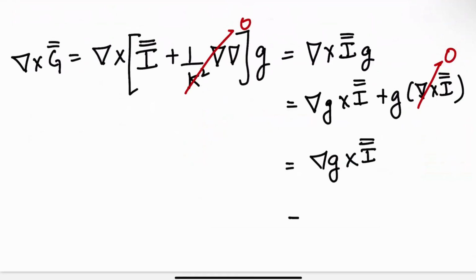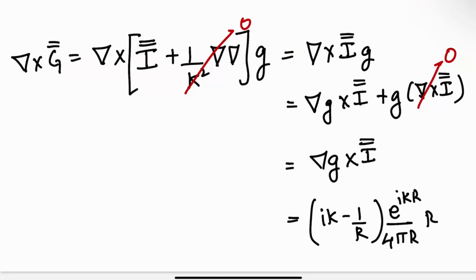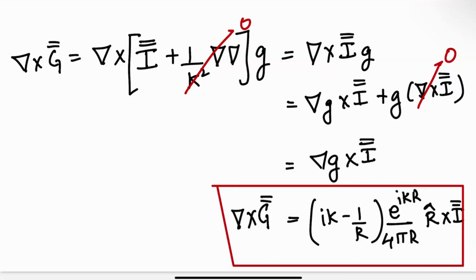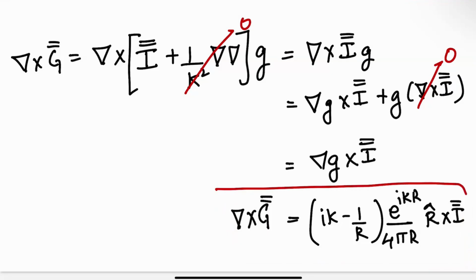Right, we just calculated that, which was (ik - 1/r) e^{ikr}/(4π) r-hat crossed with I. That's the curl of the dyadic Green's function, sorry. So this also gets a box.